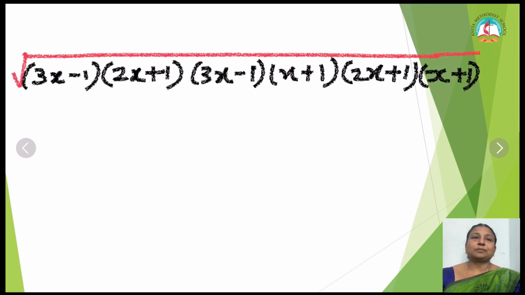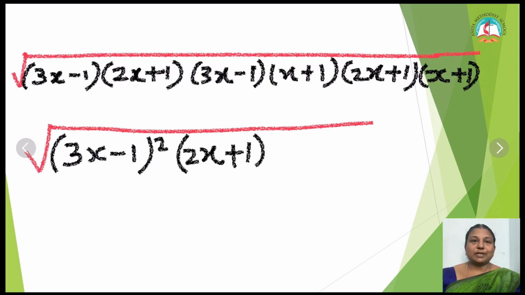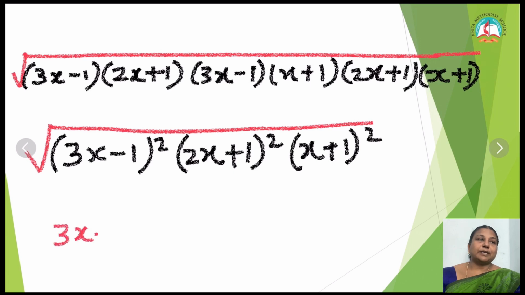Okay children. So I will get square root of 3x minus 1 whole squared and 2x plus 1 whole squared and x plus 1 whole squared. Here the square root and square will get cancelled. If I am dividing by 2, I will get only 1 times. Okay. So my answer will be 3x minus 1 into 2x plus 1 into x plus 1.